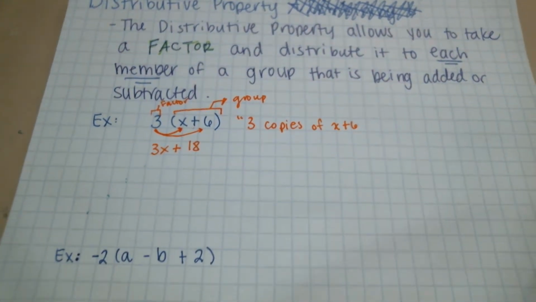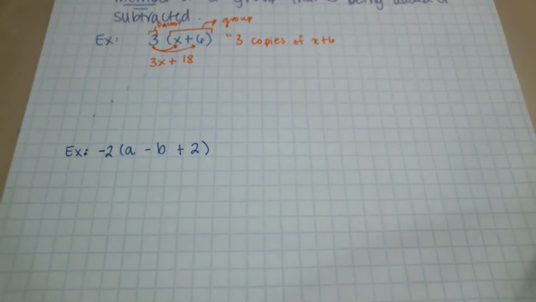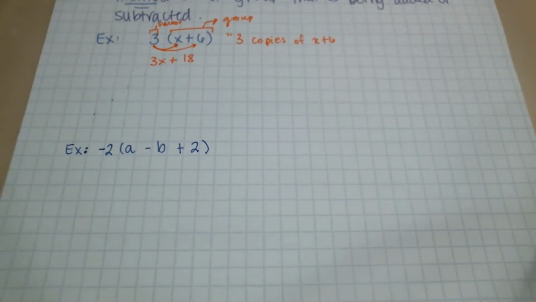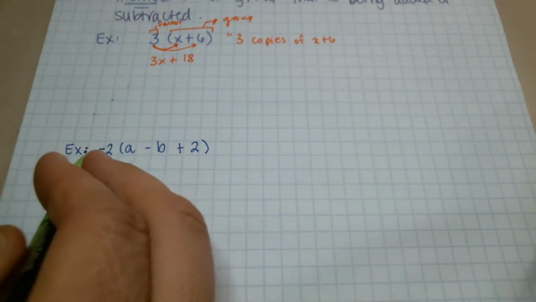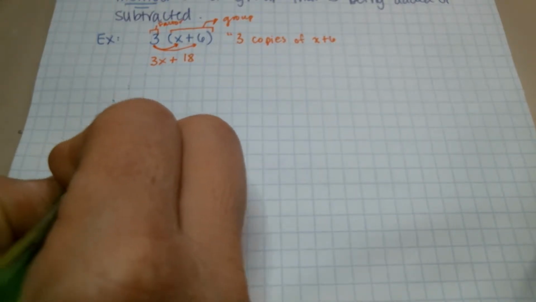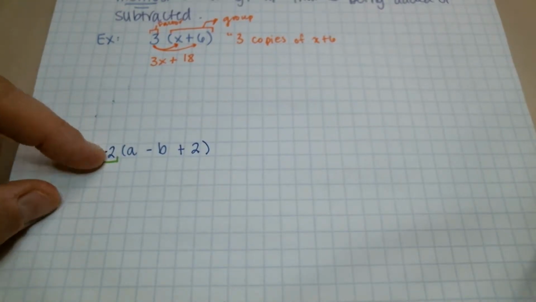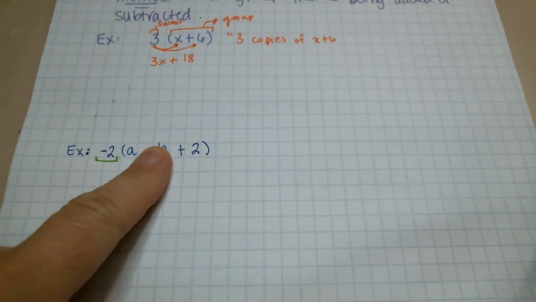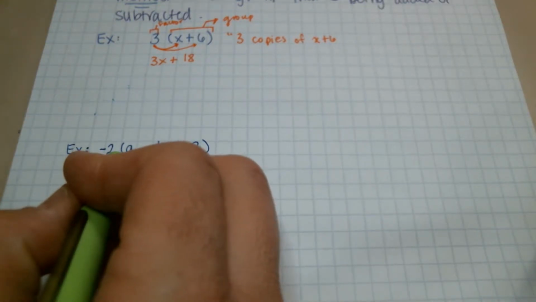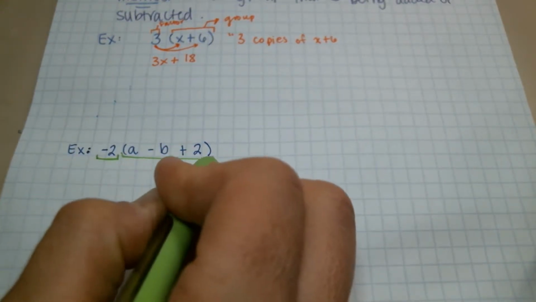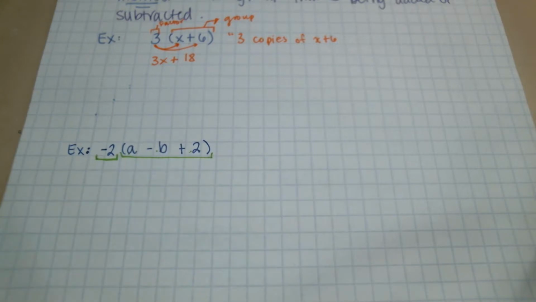So a couple things going on here in example 2. First of all, I want you to note that the factor that's being multiplied right here is negative. So we're going to multiply negative 2. And the group that we have in parentheses actually has 1, 2, 3 terms.